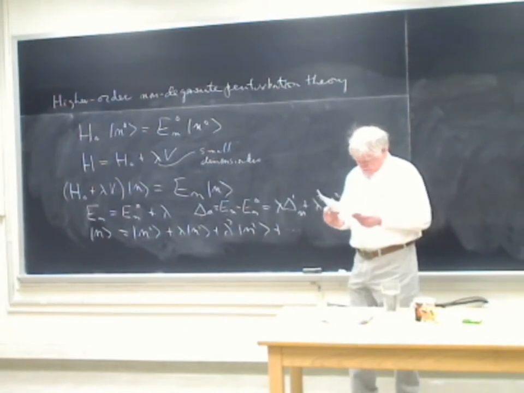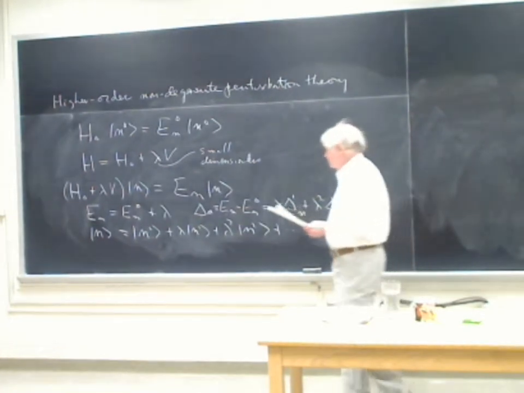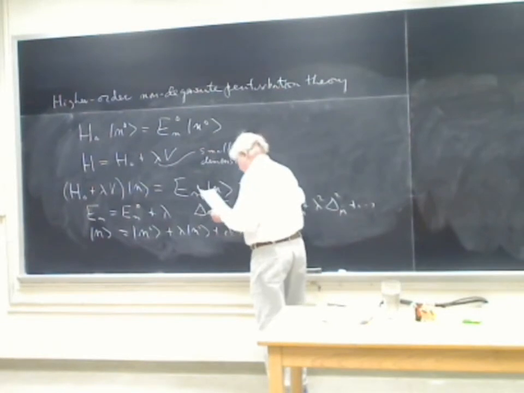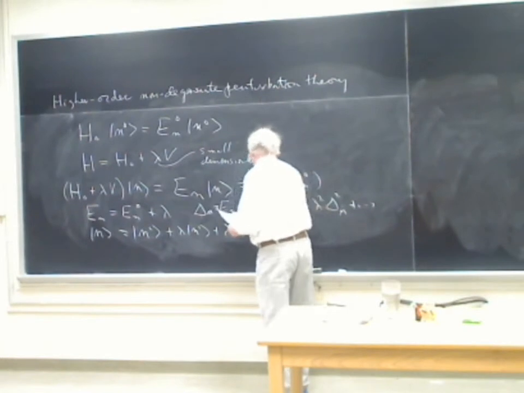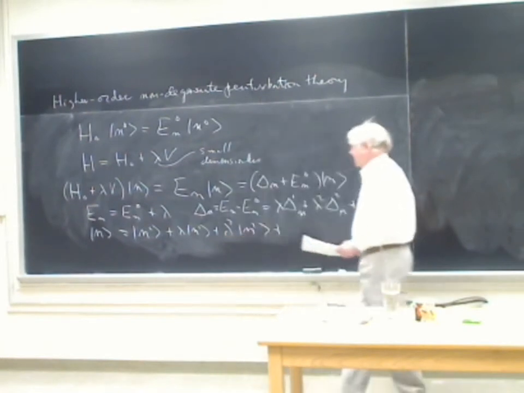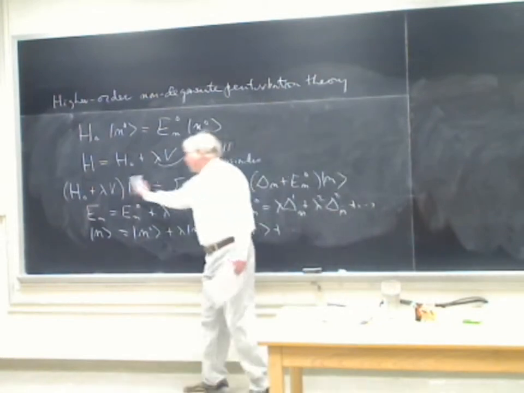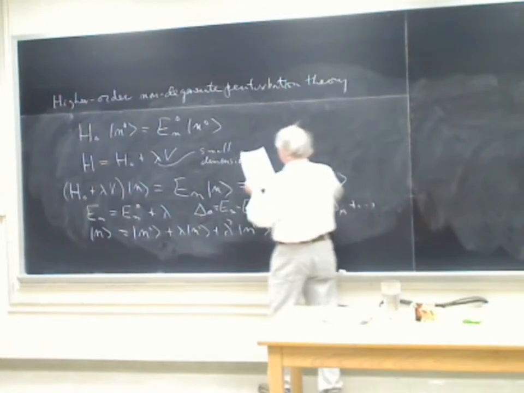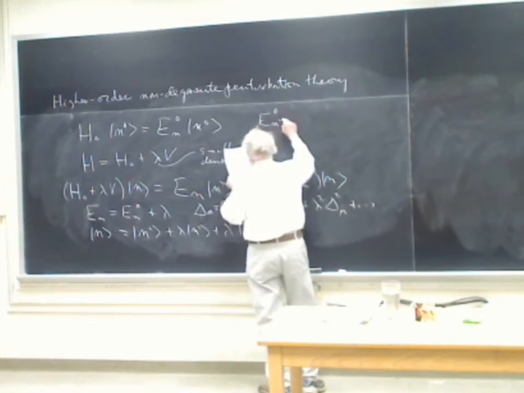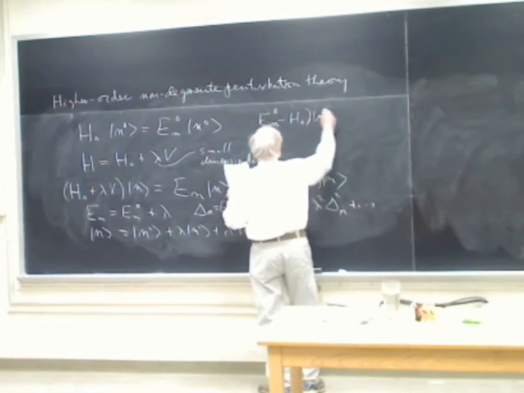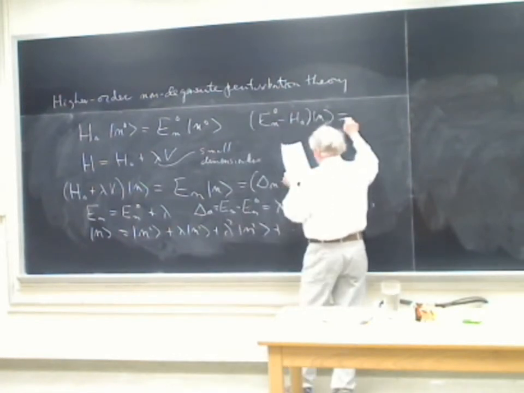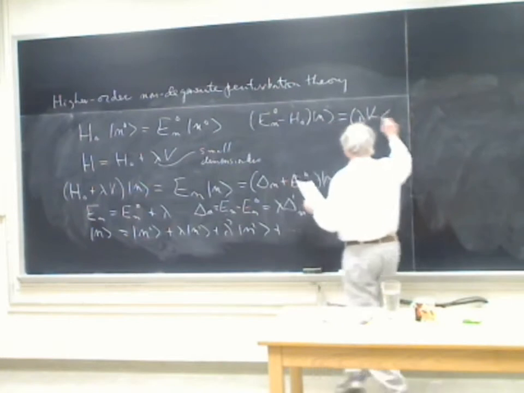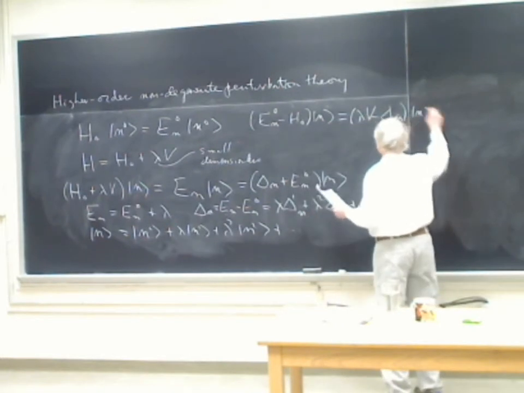Now, at the very beginning, what we can say is that this is equal to delta n plus En0 on n. And as we saw last time, if you take this equation and mix things around, what you get is En0 minus H0 on n is equal to lambda V minus delta n on n.